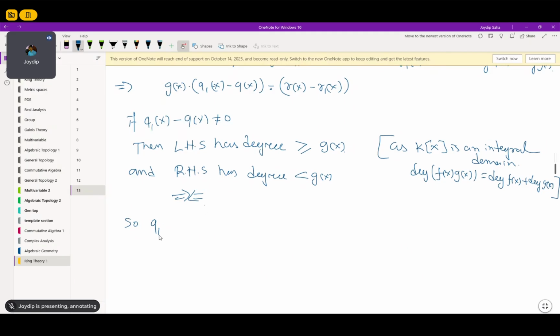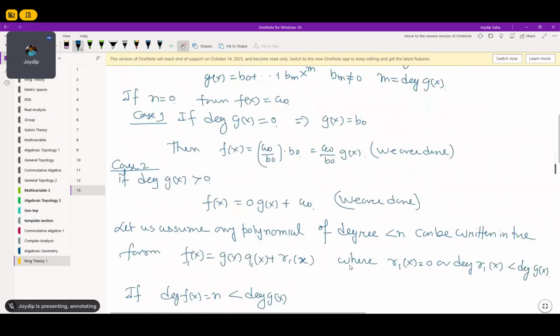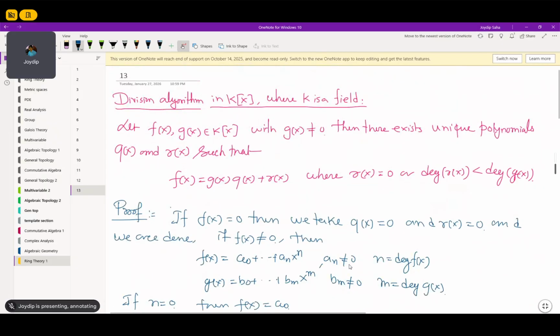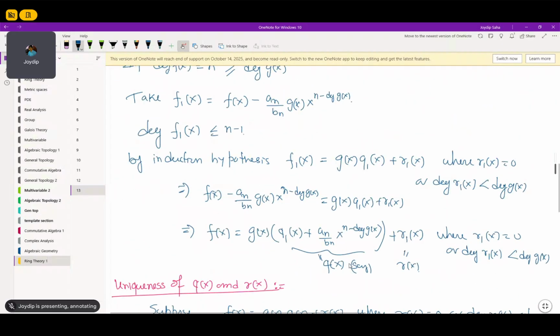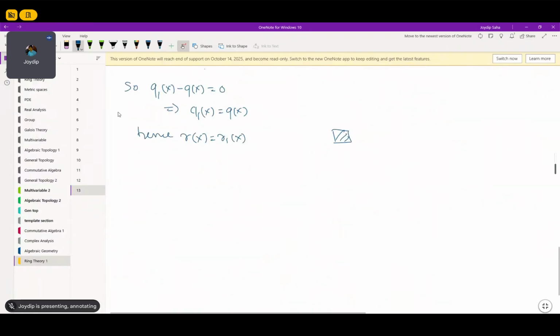So q1(x) minus q(x) is 0. This implies q1(x) equals q(x), and hence this LHS is 0, so the RHS should be 0. So this is my division algorithm. So it has a corollary.